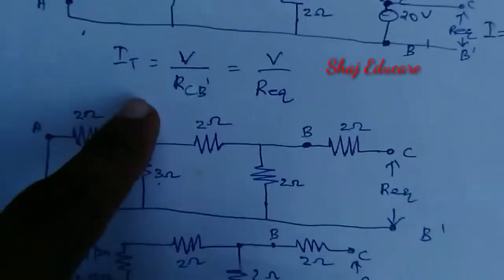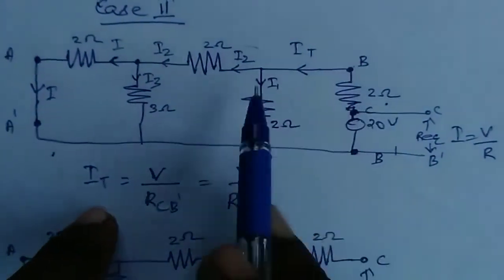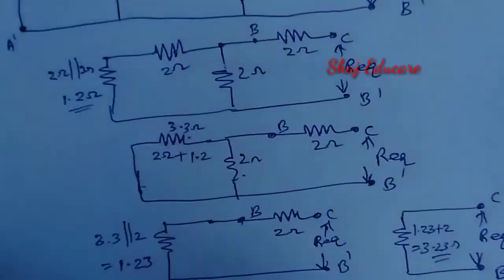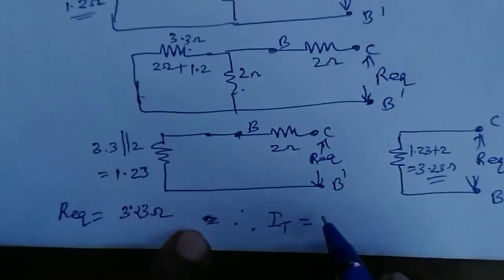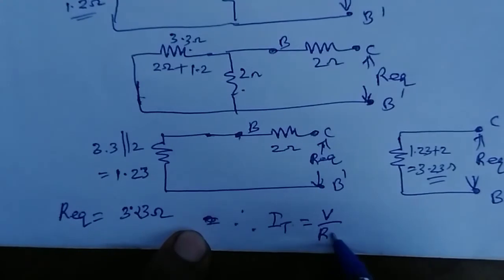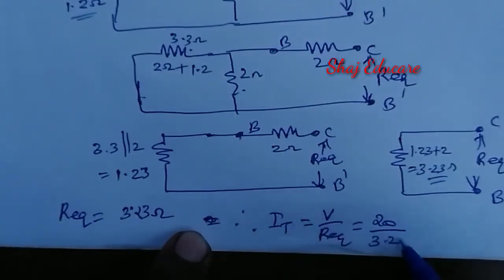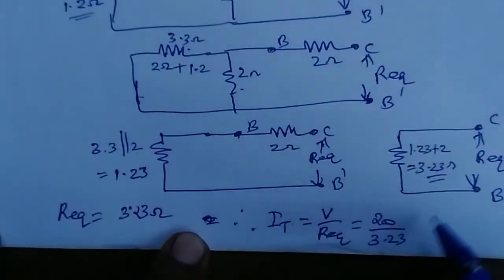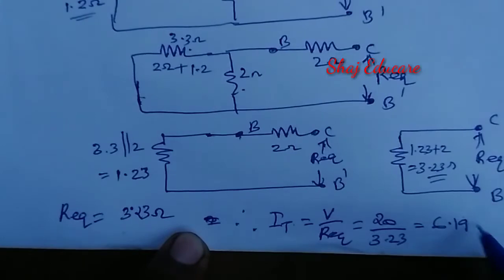So let us find the total current supplied by this voltage source, IT. Therefore IT will be V by R equivalent, is equal to 20 by 3.23. Okay, that is equal to 6.19 ampere.